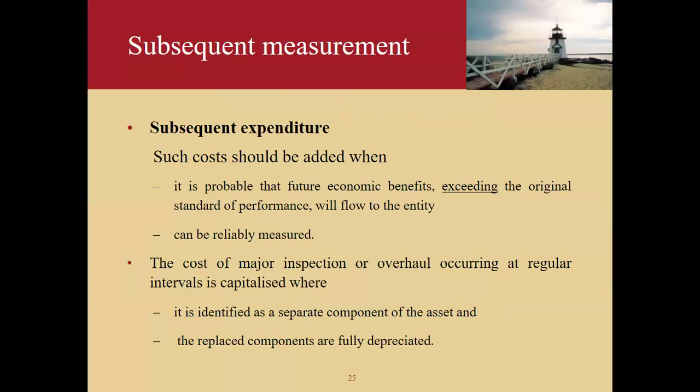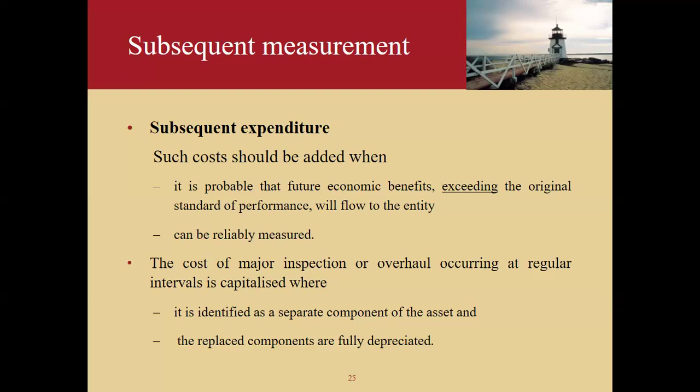So subsequent expenditure. Such costs should be added when it is probable that future economic benefits exceeding the original standard of performance will flow to the entity. Initially, we are going to try to estimate the future economic benefits of this asset. So later on, we can recognize that actually we underestimated the economic benefits.